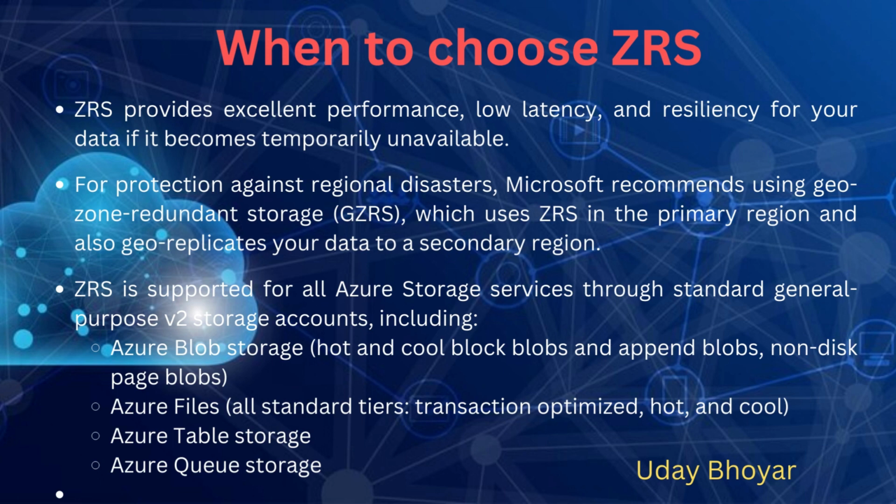Zone redundant storage provides excellent performance, low latency, and resilience for your data if it becomes temporarily unavailable. For protection against regional disasters, Microsoft recommends using Geo Zone Redundant Storage, which uses ZRS in the primary region and geo-replicates your data to a secondary region.